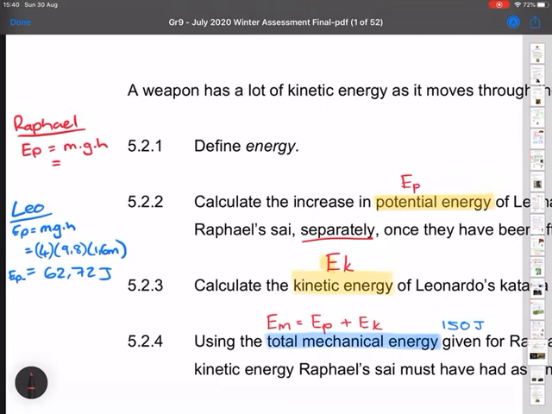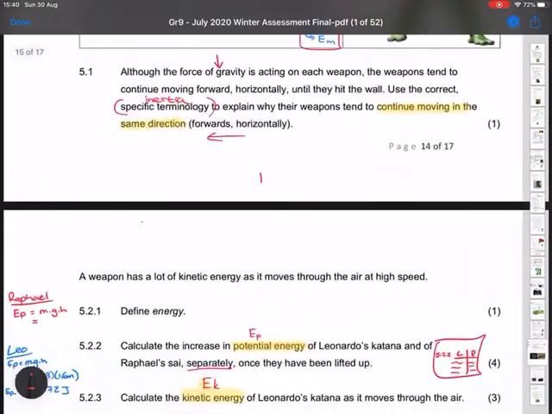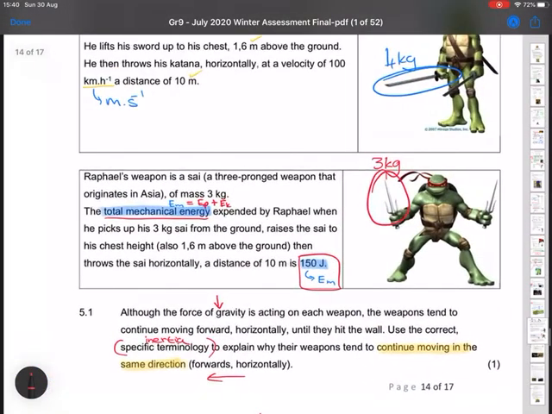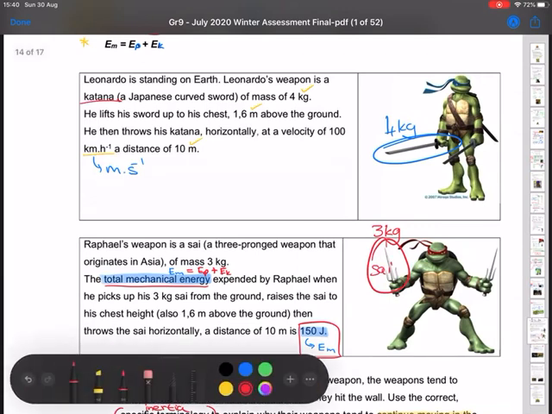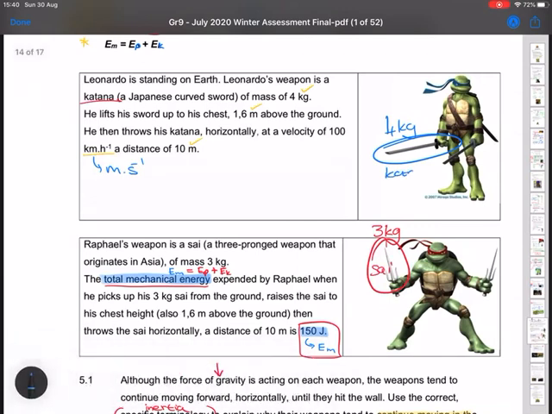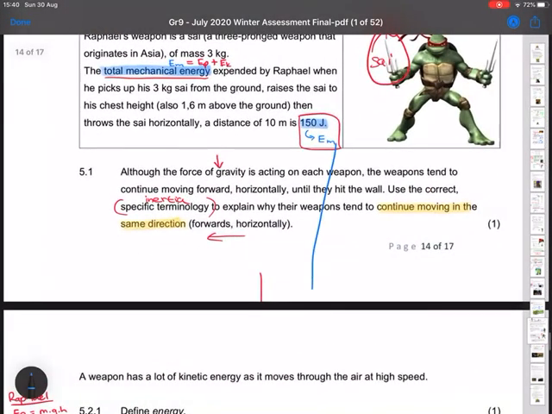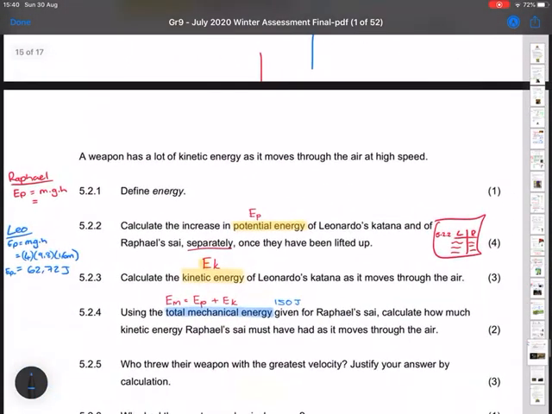I think I called Leo's weapon a psi, and I was wrong there. Leo had the katana. Raphael had the psi. This is a katana. Doesn't matter though.